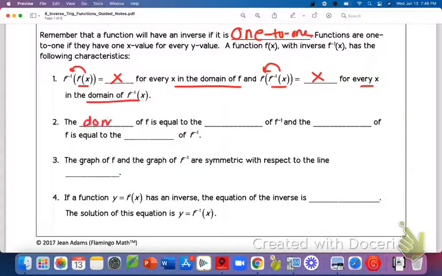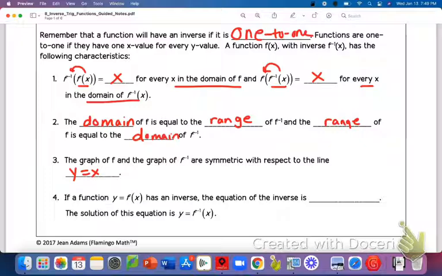For all functions and inverses, the domain of f is equal to the range of its inverse, and the range of the original is the domain of its inverse.